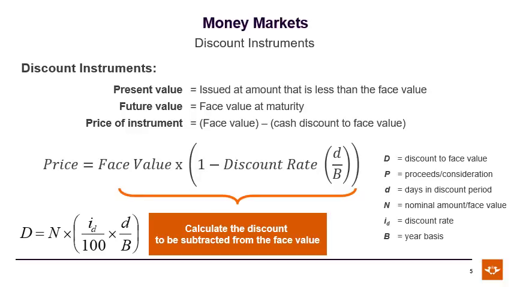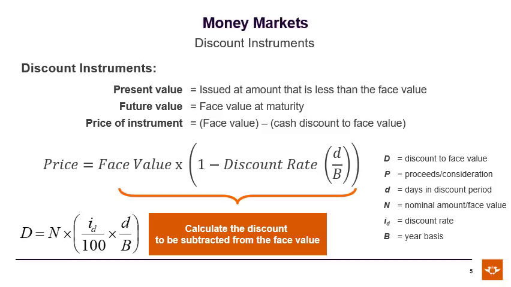In calculating the price for discount instruments, and here we're looking at a straight discount instrument, it is the face value or nominal value multiplied by 1 minus the discount rate, which is ratioed by the number of days that the instrument has been issued for over the total number of days in the year, which depends very much on the day count convention that you will be using.